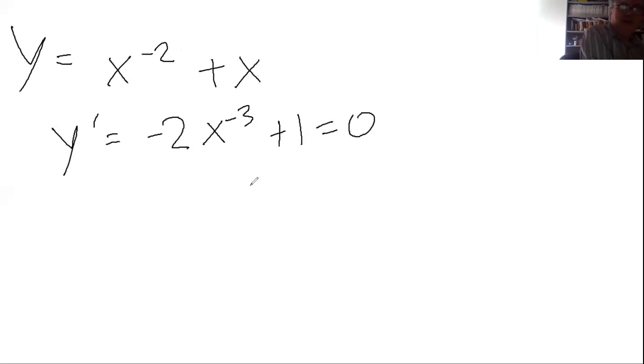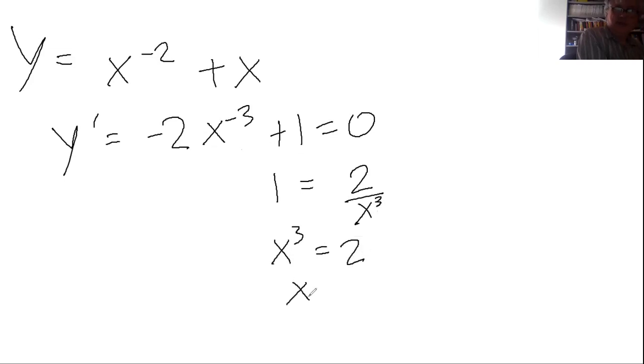So what are we going to get? 1 equals 2 divided by x cubed. Because all I did is put the minus 2x to the minus 3 on the other side, and x to the minus 3 just means we're dividing by x cubed. So I cross multiply, I get x cubed equals 2. So x equals the cube root of 2. And that is our answer.